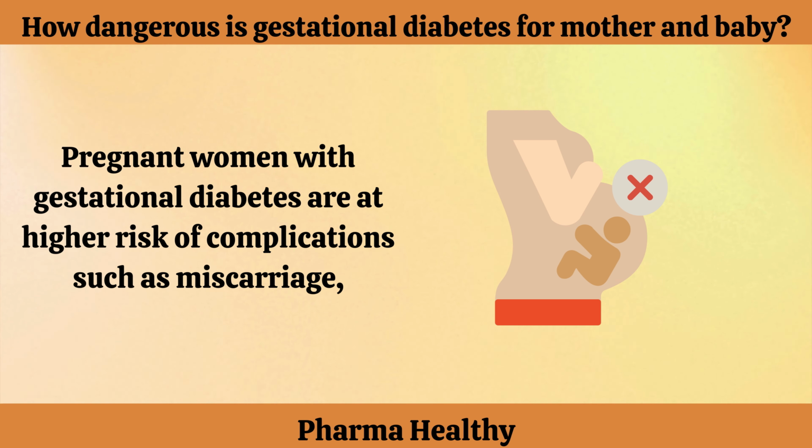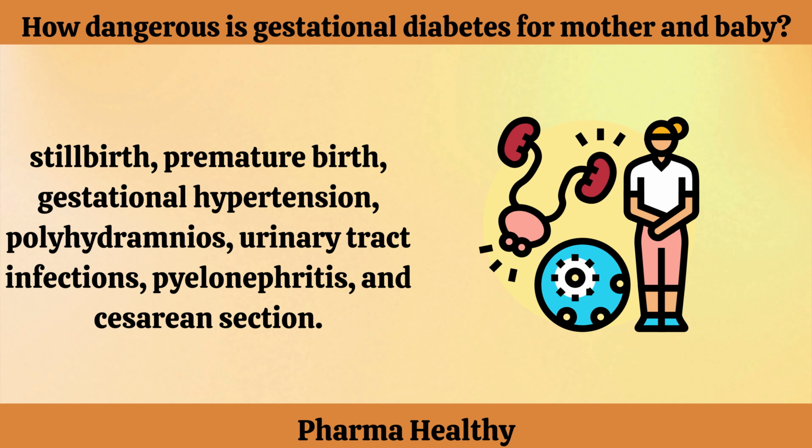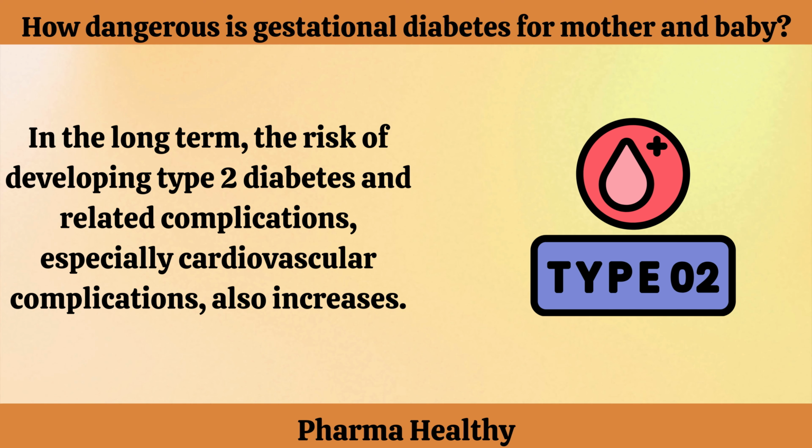Pregnant women with gestational diabetes are at higher risk of complications such as miscarriage, stillbirth, premature birth, gestational hypertension, polyhydramnios, urinary tract infections, pyelonephritis, and caesarean section. In the long term, the risk of developing type 2 diabetes and related complications, especially cardiovascular complications, also increases.